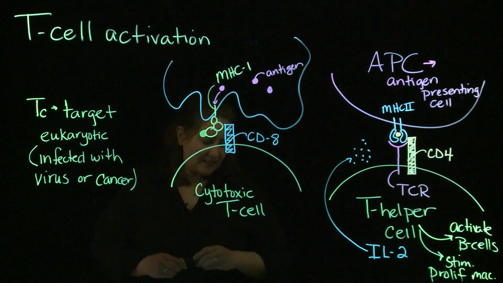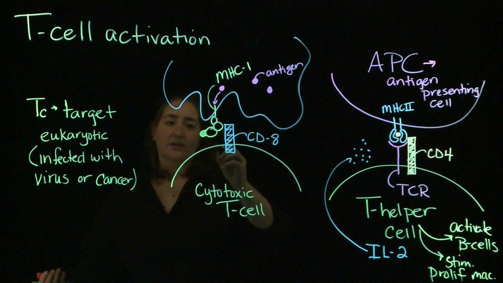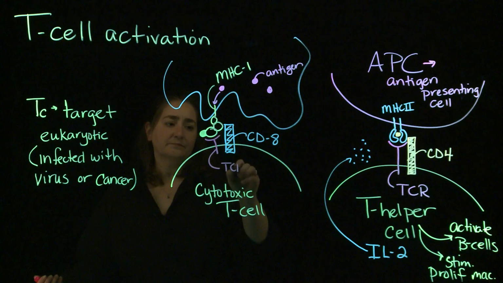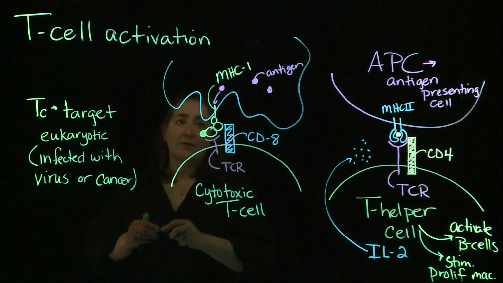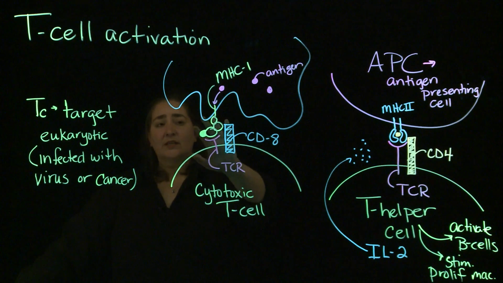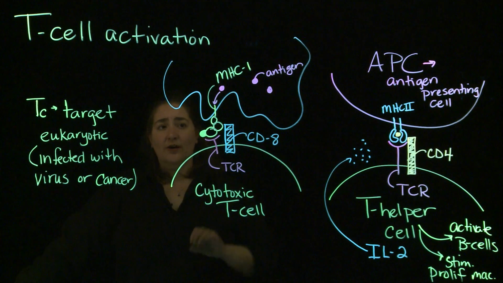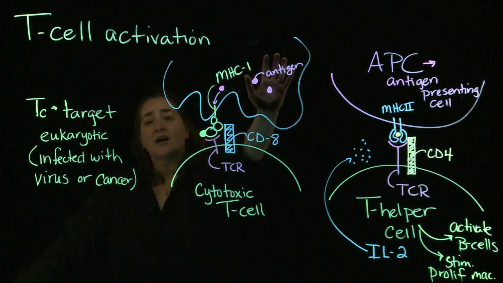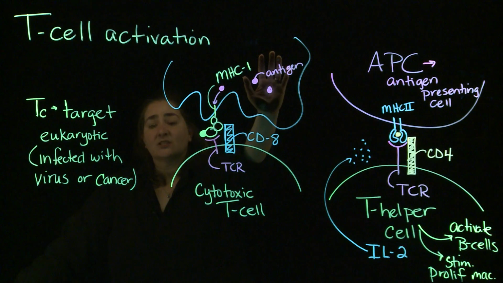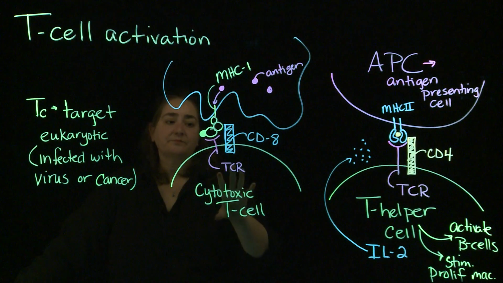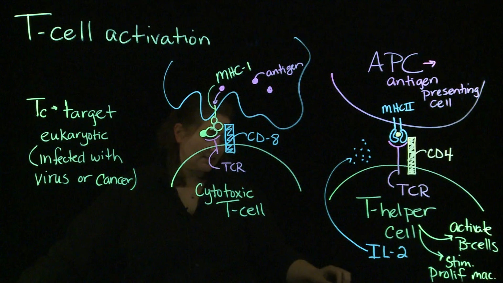And the cytotoxic T cell is going to be looking for odd MHC1s on the outside of cells. When it encounters that odd MHC1, because the way that MHC1 becomes mutated is because of the infection or the antigens that are inside the cell, CD8 will come along. That's going to activate our cytotoxic T cell.